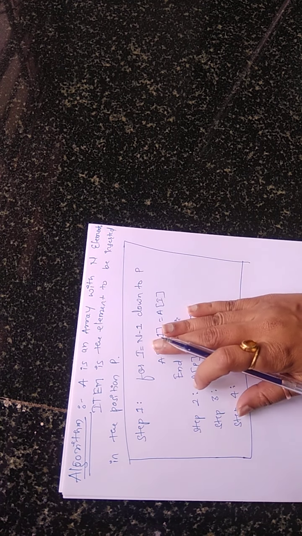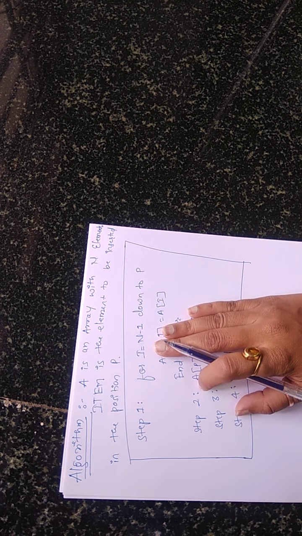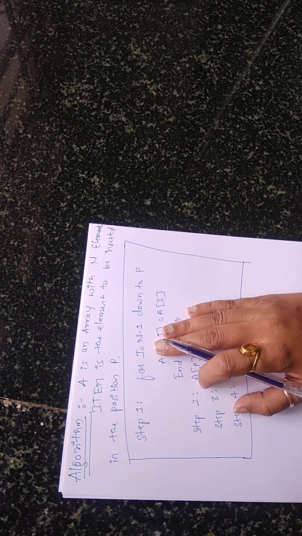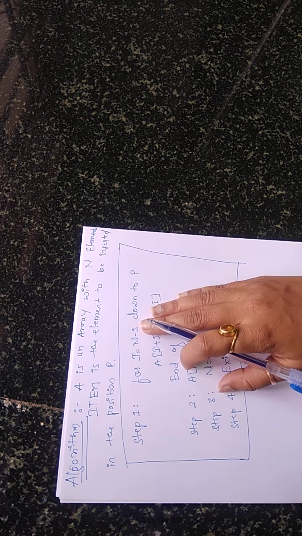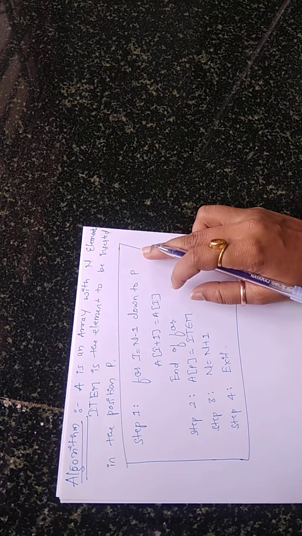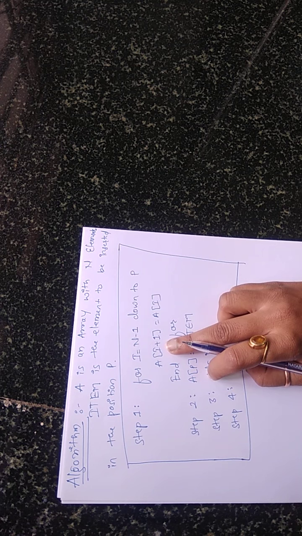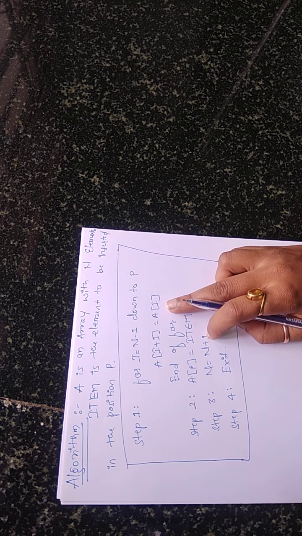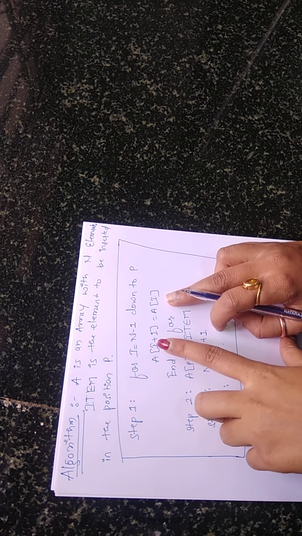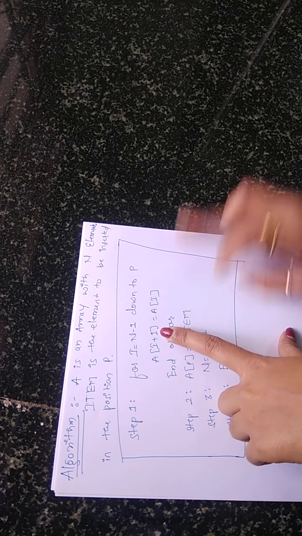For that we have to write a loop in reverse, that is I equals n minus 1 down, in reverse, till your position. What you have to do is initialize the value which is in A of position into your A of I plus 1 position.